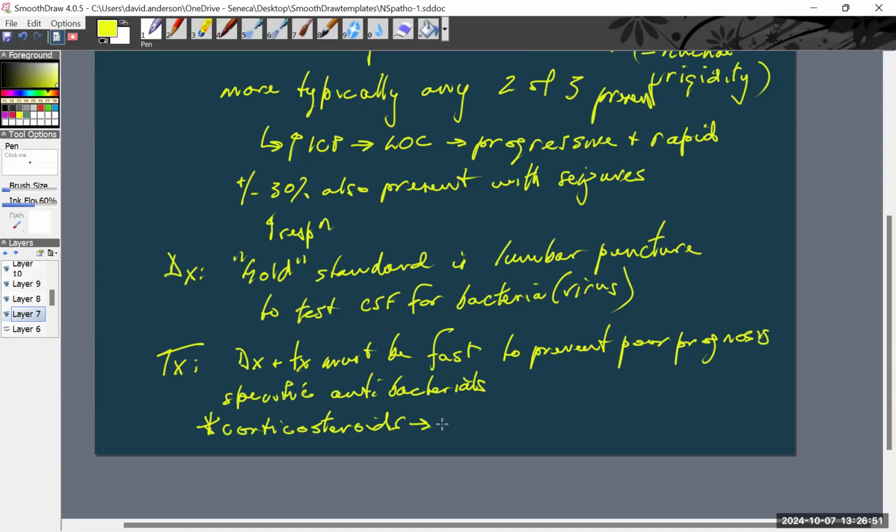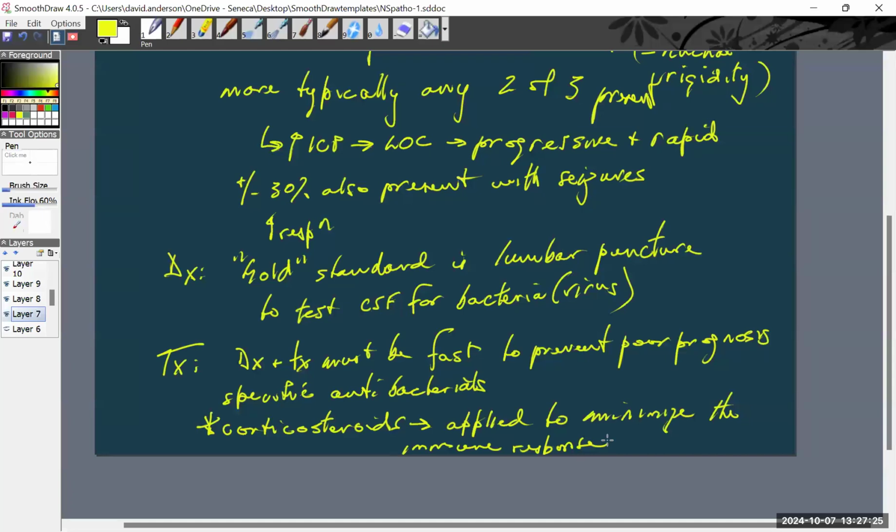So corticosteroids are applied to minimize, in the nervous system, the damage that occurs to the nervous system more often comes from the immune responses than it does from the presence of the bacteria.